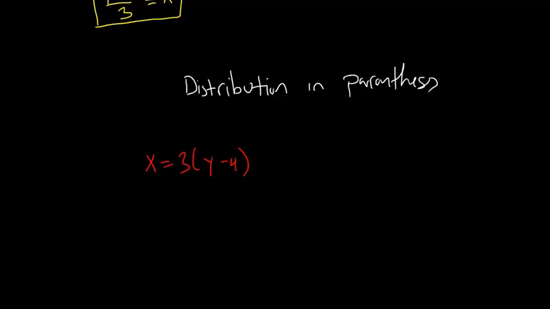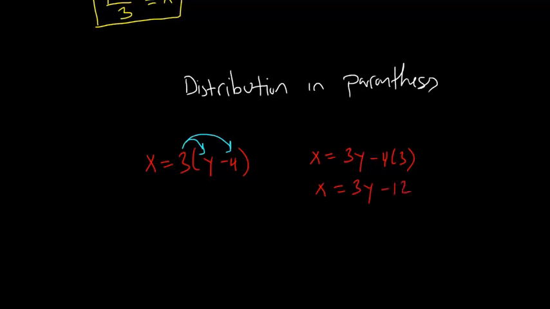We can do this by taking this 3 and distributing it into the parentheses. So this 3 gets multiplied by y and by negative 4. So what we're left with is x equals 3y minus 4 times 3, or x equals 3y minus 12.